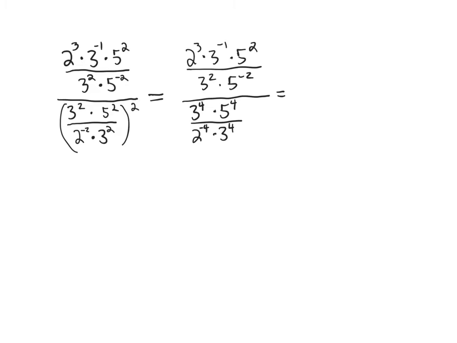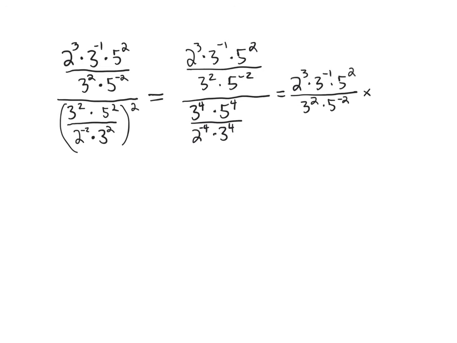So this is the same as 2 cubed, 3 to the negative 1 times 5 squared over 3 squared times 5 to the negative 2. And I'm going to multiply that by the reciprocal of the bottom fraction, because we're dividing by a fraction. That's the same thing as multiplying by the reciprocal.